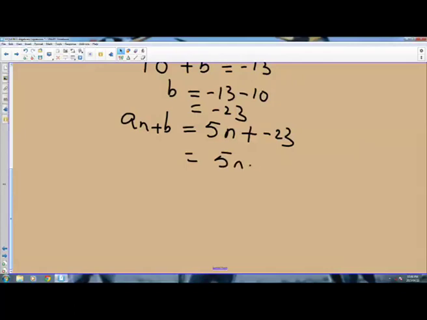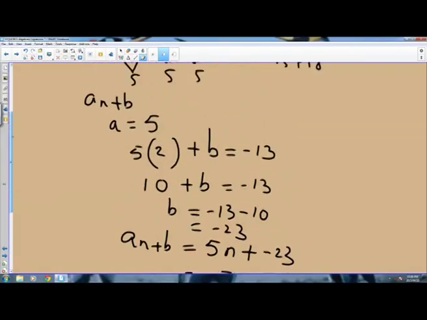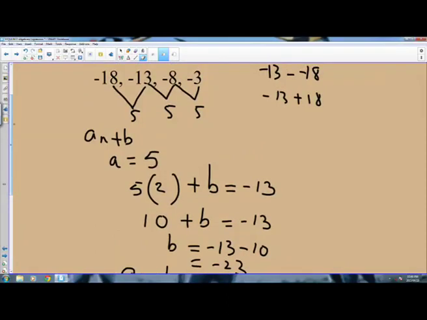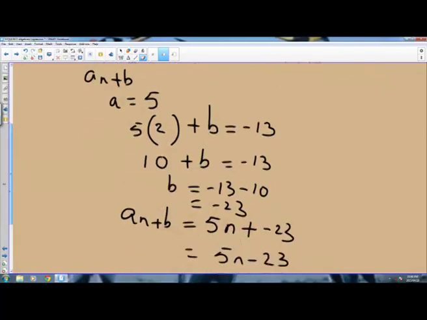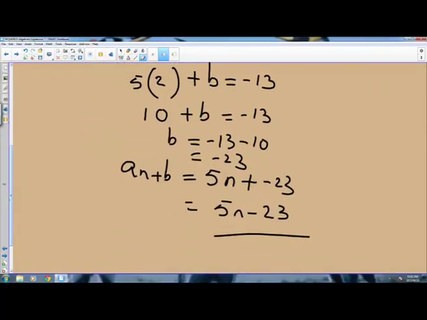We need to simplify the plus and negative. So it's 5n minus 23. This is the algebraic form for the sequence minus 18, minus 13, minus 8, minus 3. It is given as 5n minus 23. This is how we find an algebraic form for this sequence.